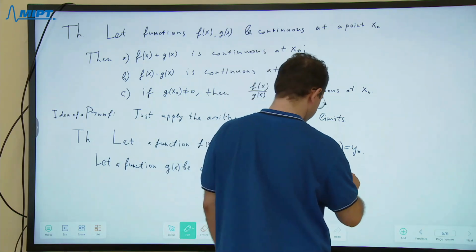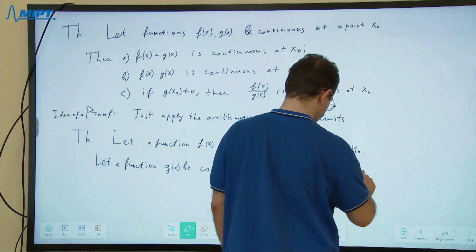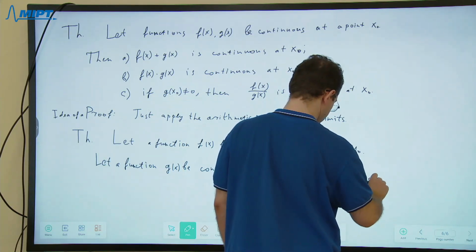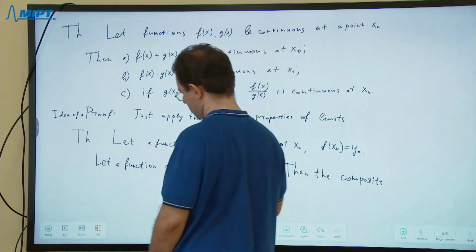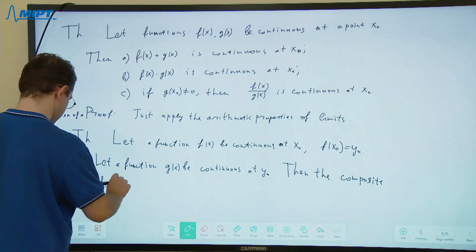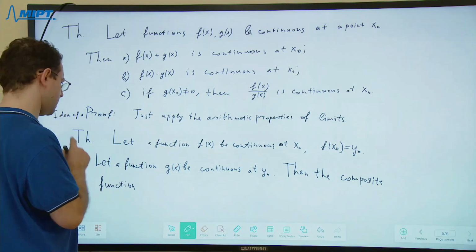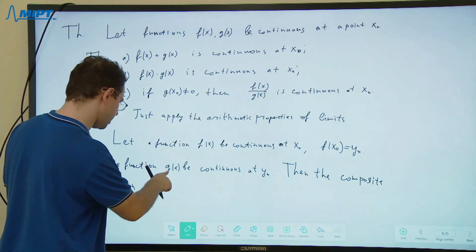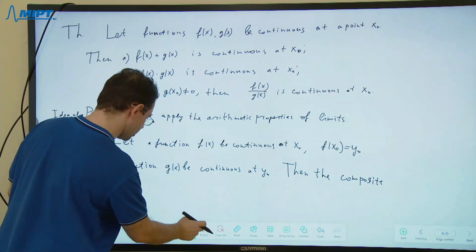Then the composite function, let's call it not function g of x, let's call it a function g of y.